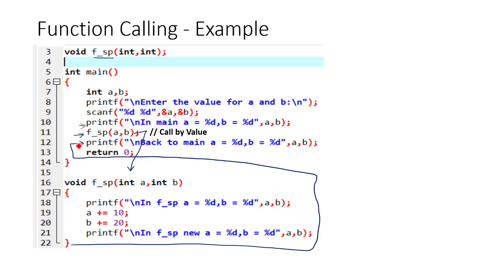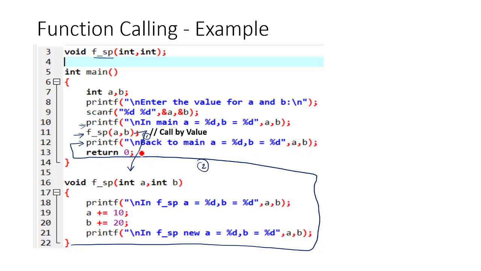So it will come to this printf from this point. This is 1, and after the operation this is 2. So it will come to this printf statement, and the printf statement will show you back in main, where a equals and b equals the values of a and b.